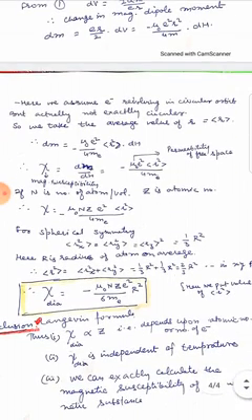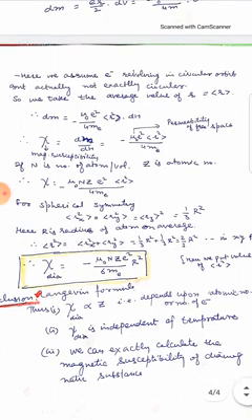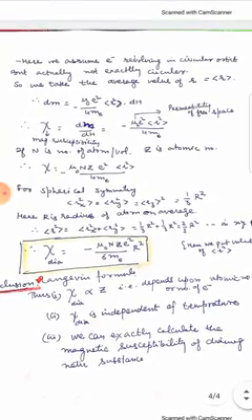So r square is again calculated for the xy plane, which is found to be 2 by 3 r square. So we put the value here, 2 by 3 into capital R square, where capital R is the average value of the atomic radii, the radii of the electron revolving around the nucleus.